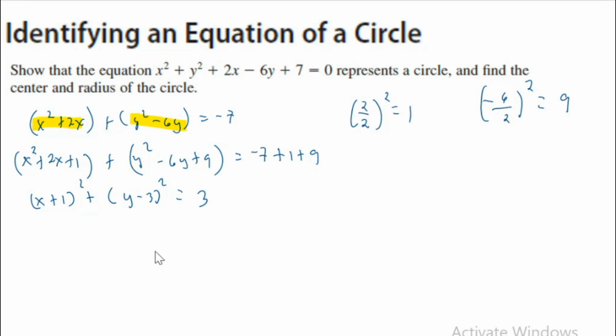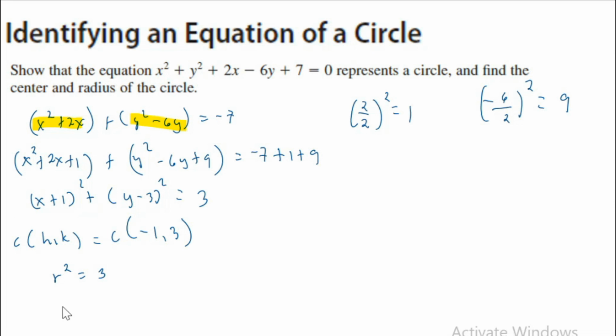So this is now the equation of a circle, and since we are asked to find the center and the radius, we can analyze it from here. Therefore, the coordinates of the center are negative 1 and 3. And for the radius, r squared equals 3.